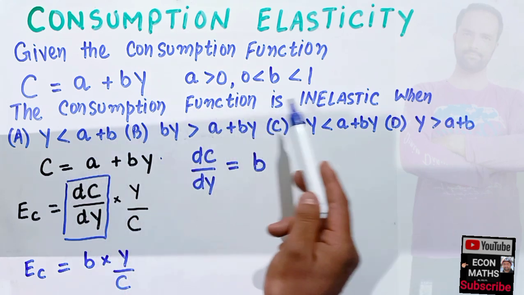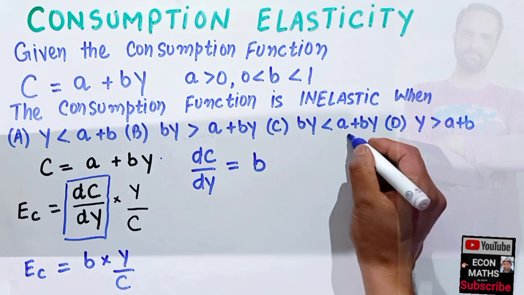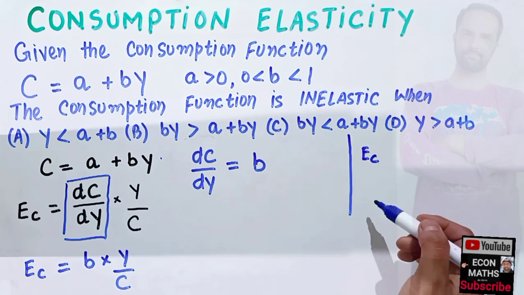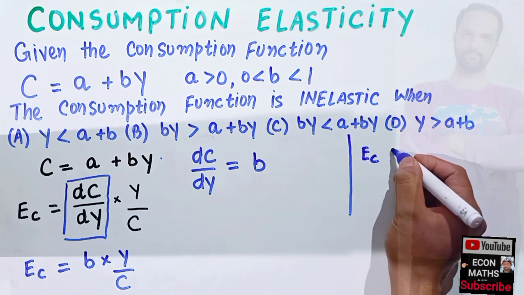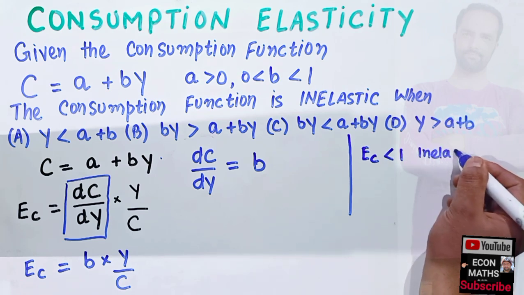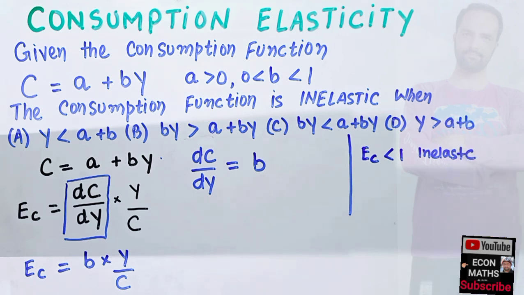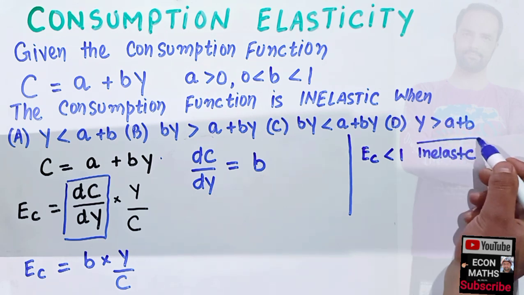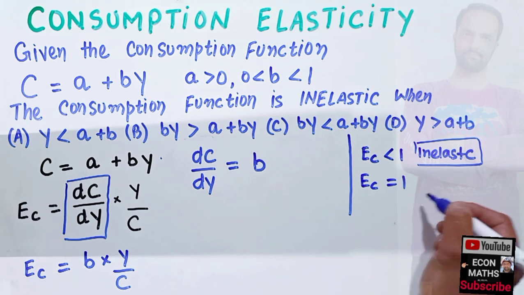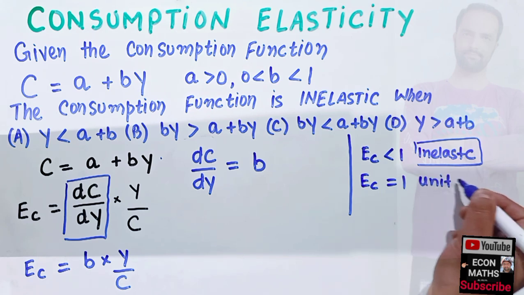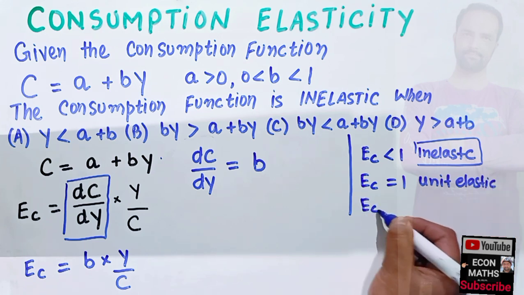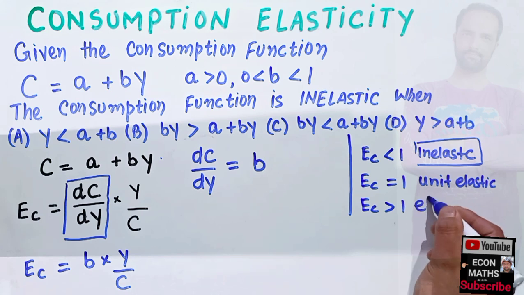We are being told to find the relation when the consumption function is inelastic. When will the consumption function be inelastic? If EC denotes the elasticity of consumption, if the value of EC is less than 1, we have inelastic; when EC is equal to 1, we have unit elastic; and when EC is greater than 1, we have elastic.